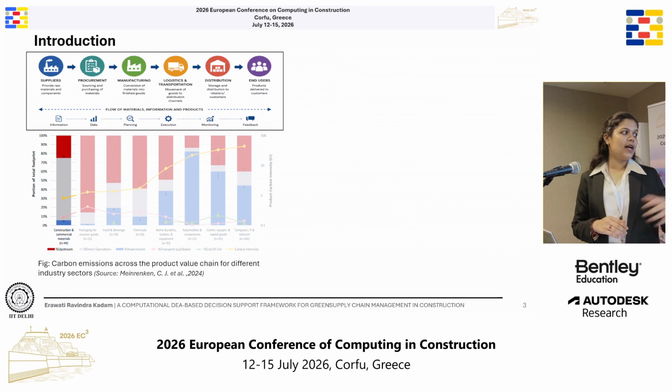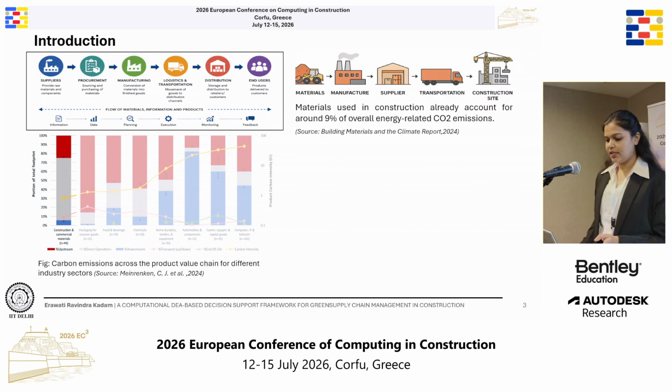This graph shows that many industry supply chains can cause environmental impact from the upstream, direct, and downstream of the supply chain. When we look into the construction industry, material used in construction already accounts for 9% of the total CO2 emissions.